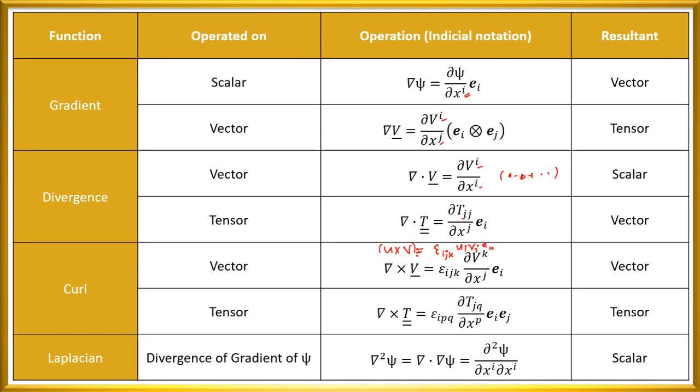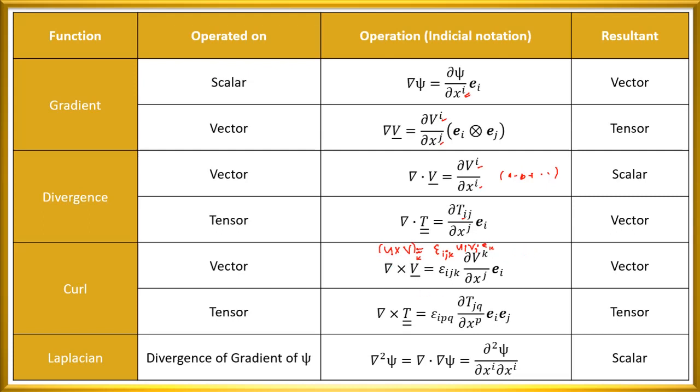Correct? This will give you the kth component, which will be epsilon ijk ui vj ek. We can also get rid of ek when we are directly writing in the Einstein notation. So the answer will be epsilon ijk ui vj.